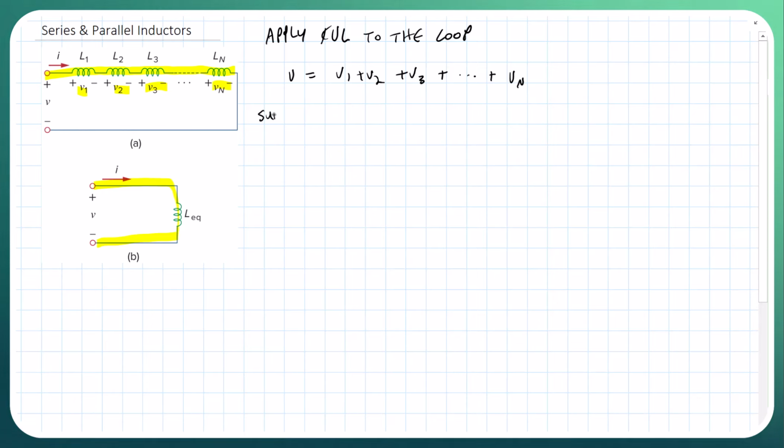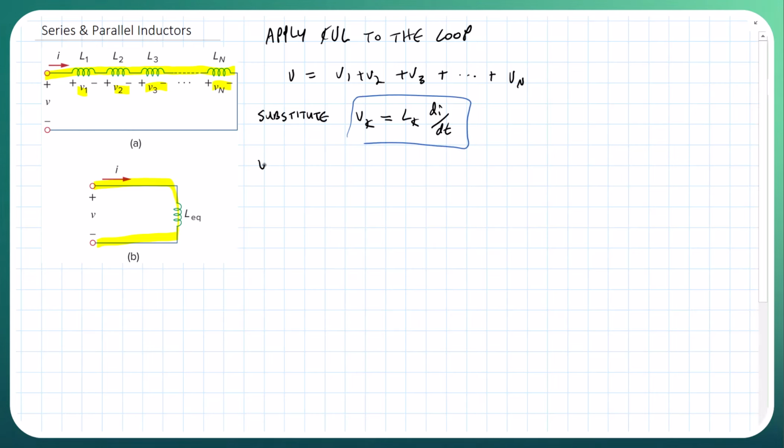Then we're going to substitute V sub k is equal to L sub k di over dt, and plug this into the equation up here and rewrite it.